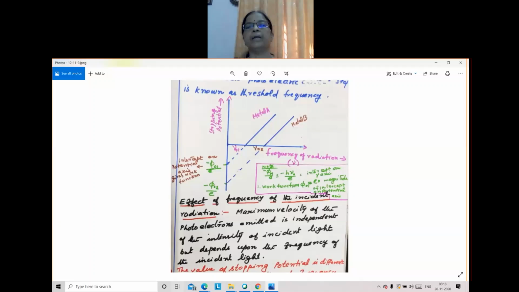If the frequency is greater than the threshold frequency, what is its relation with stopping potential? When we increase the frequency, how is it related to stopping potential? Tell.